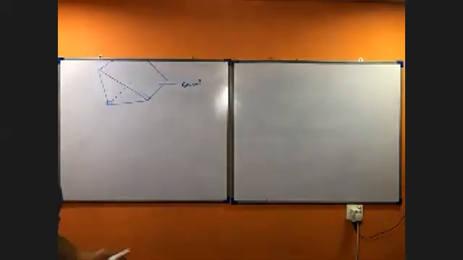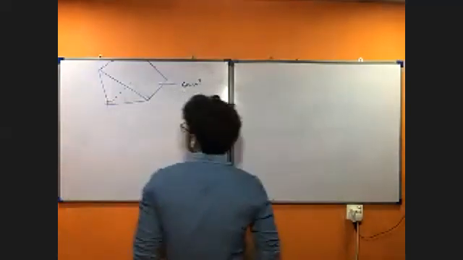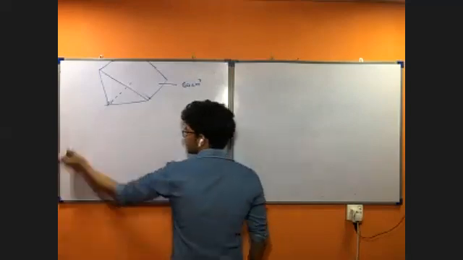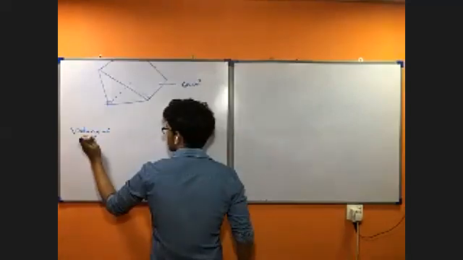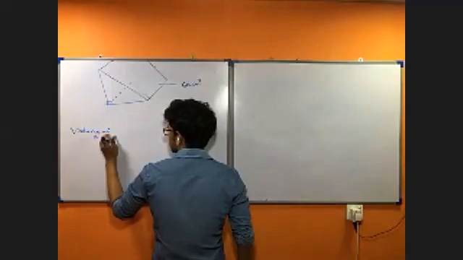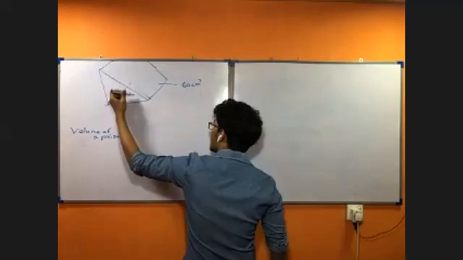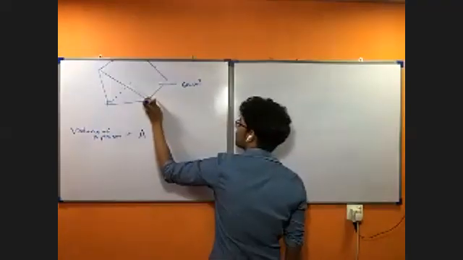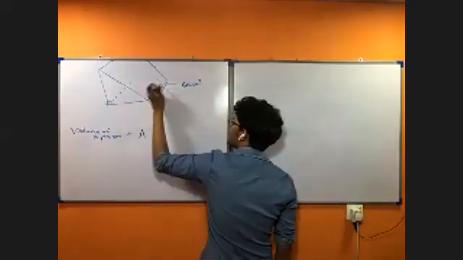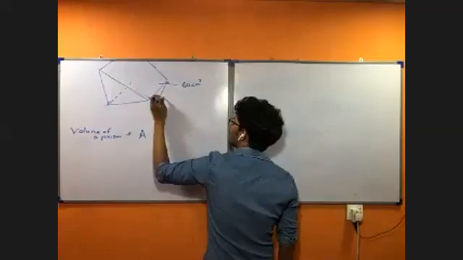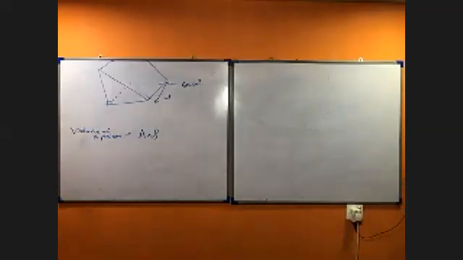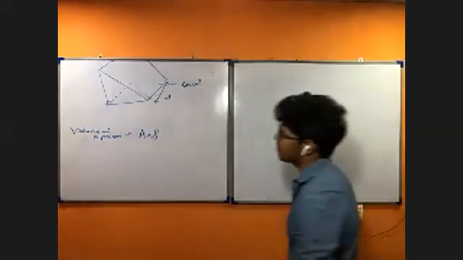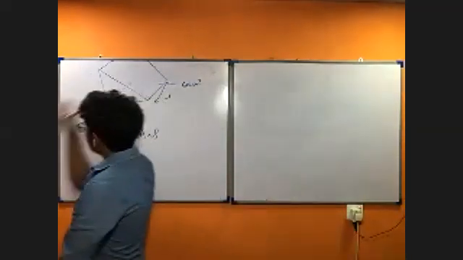So, you know, the volume of a prism means the area of the triangular face multiplied by the length of the prism. So now we need to find the area of this triangular face.